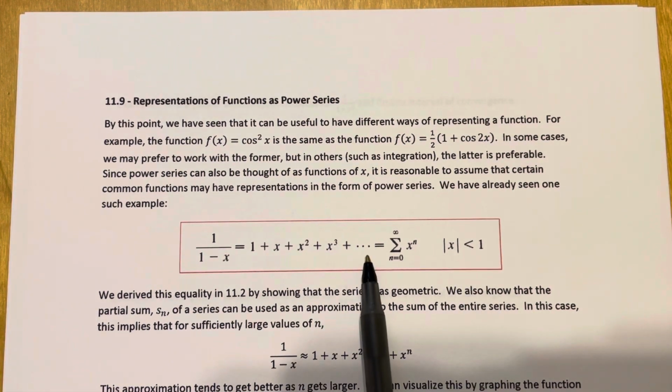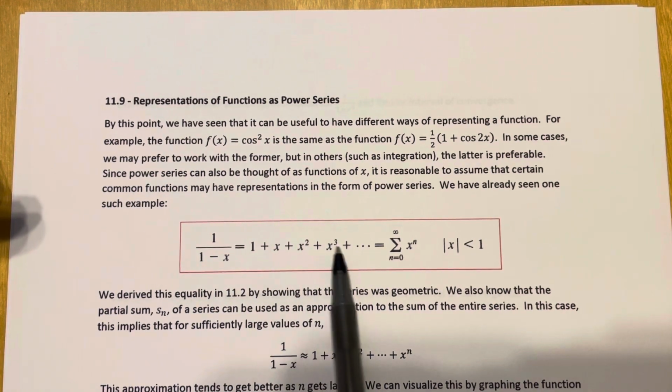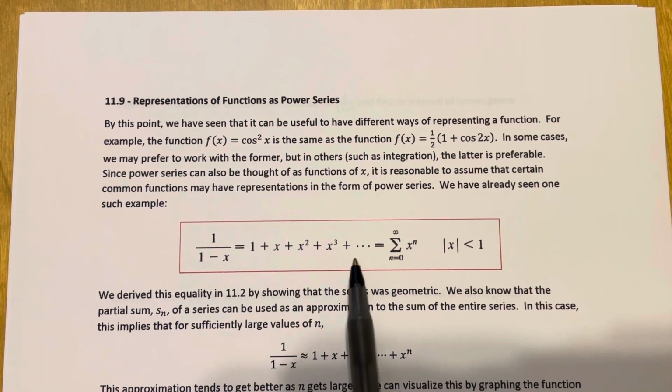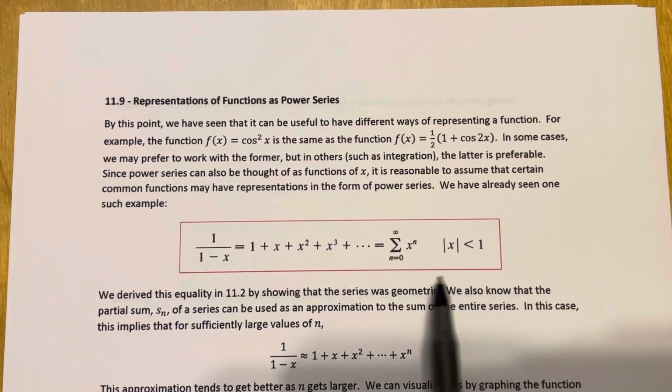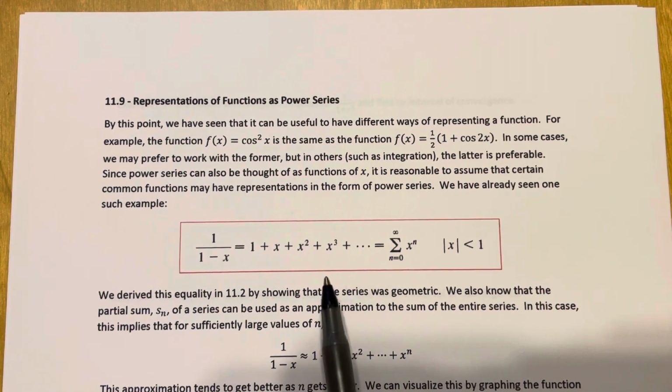We derived this because we saw that this is actually a geometric series for any value of x that you plug in. X is filling the role of the common ratio for that geometric series, so it has to have an absolute value less than 1 if it's going to converge. But as long as the absolute value of x is less than 1, these two things are equal to each other.